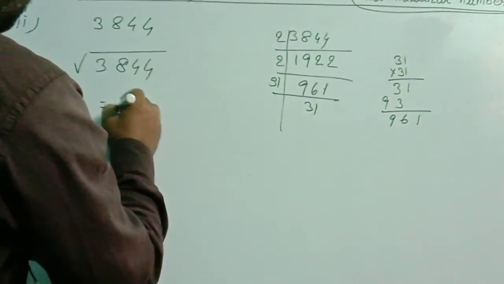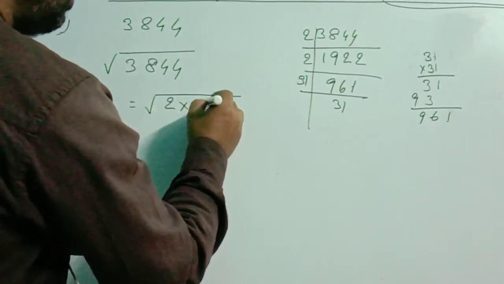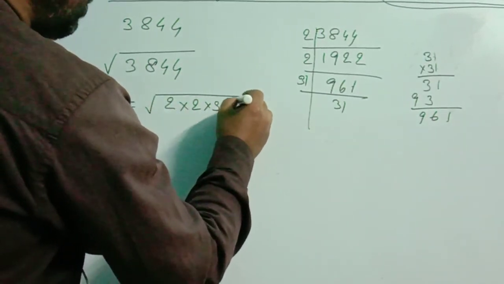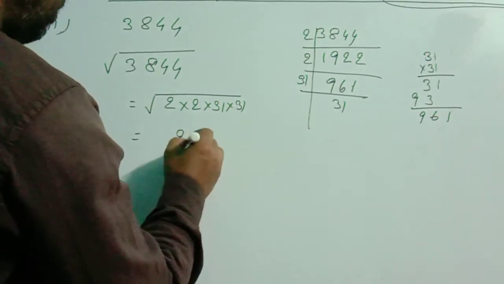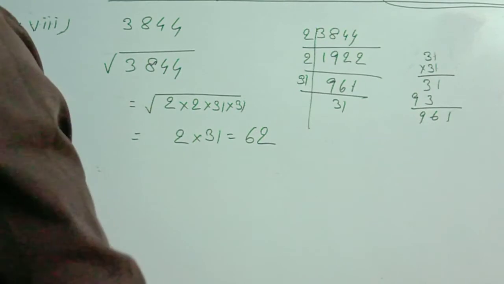So here the square root of 3844 became 2 into 2 into 31 into 31, equal to 2 into 31, equal to 62.